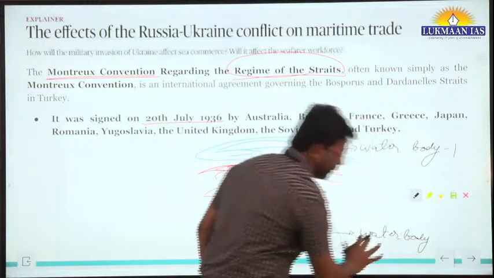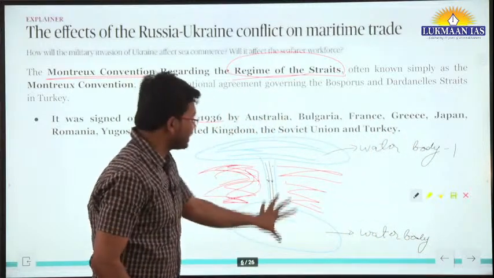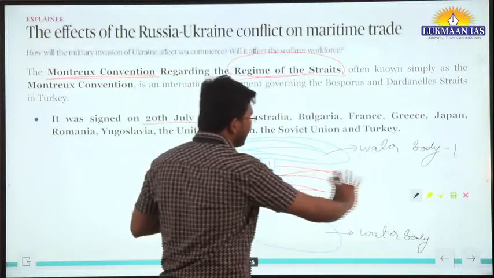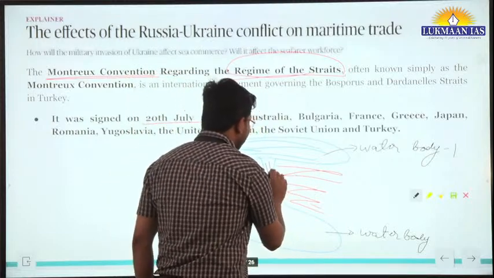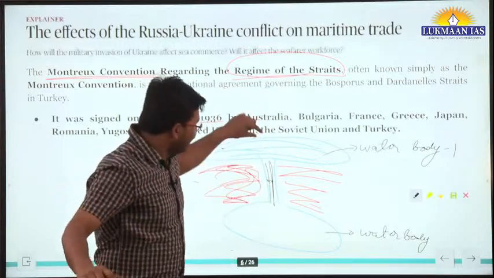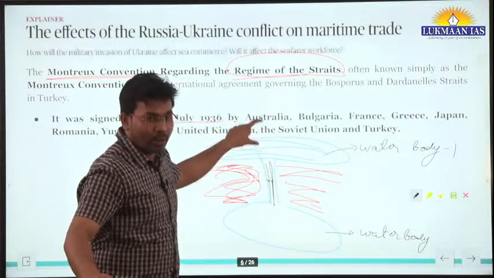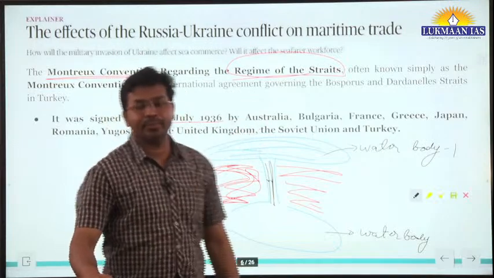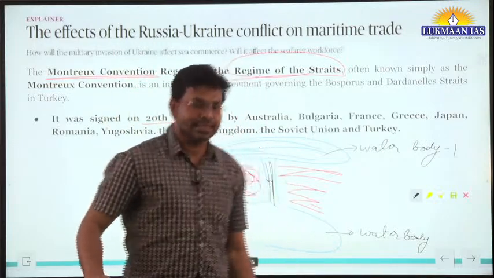It can be a river, a lake, a sea. And these are land masses. The middle one that you can see, a narrow channel of water connecting two big water bodies, is known as a strait.